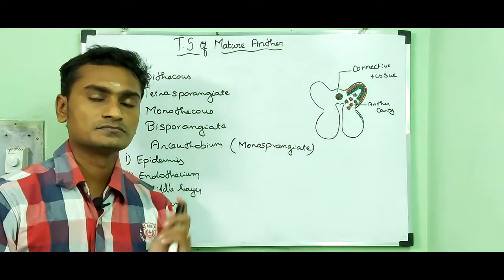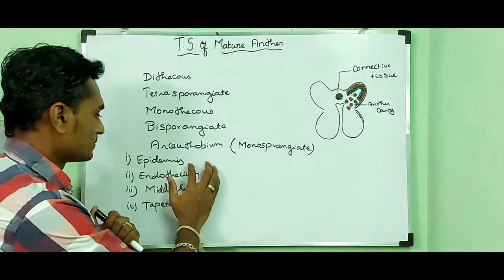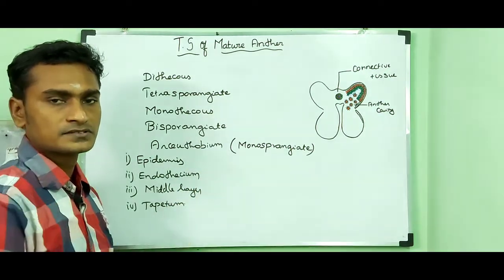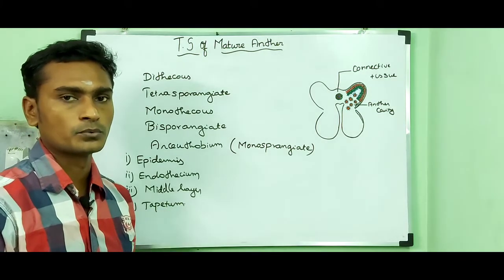So a mature anther contains anther walls such as epidermis, endothelium, middle layer and tapetum. I am going to tell about the anther wall one by one.